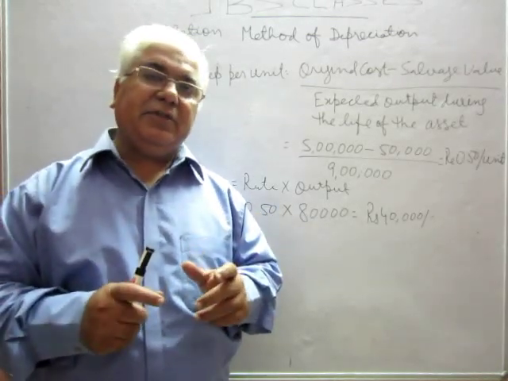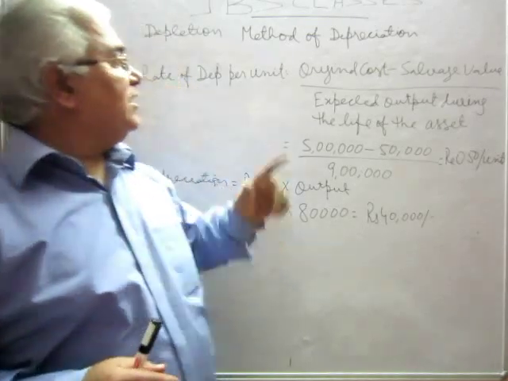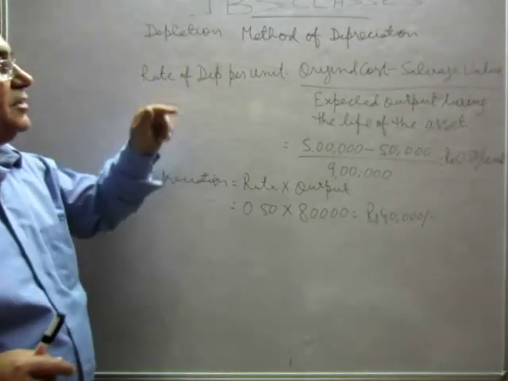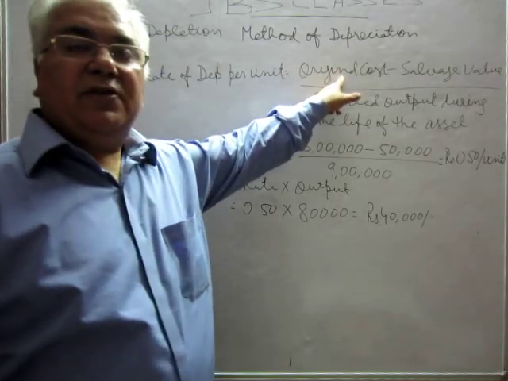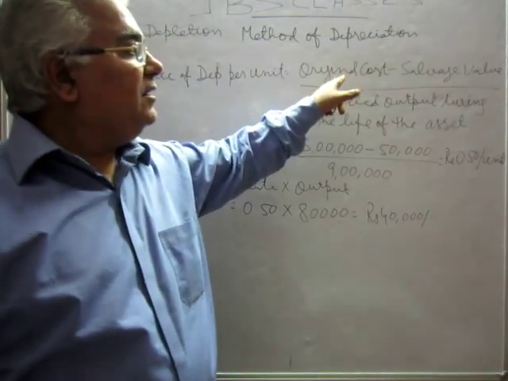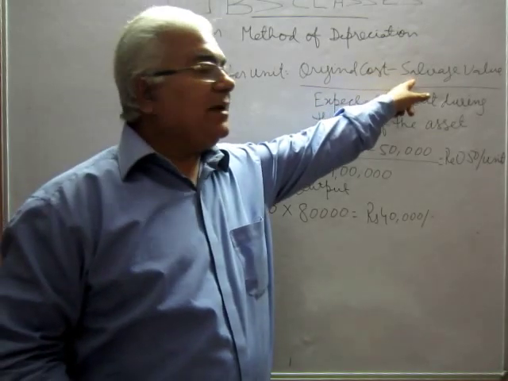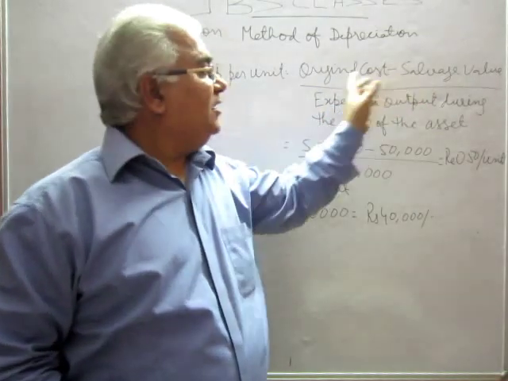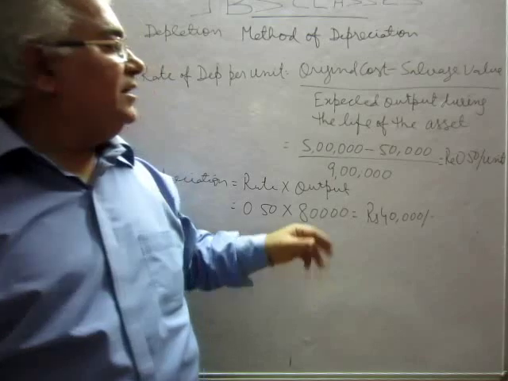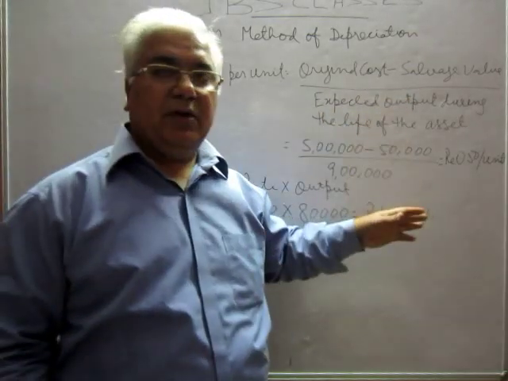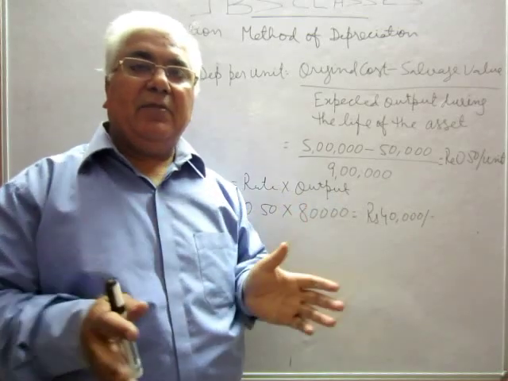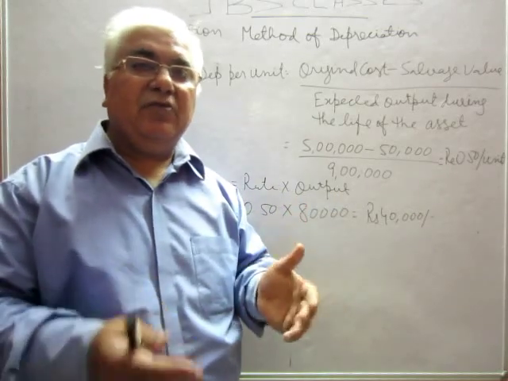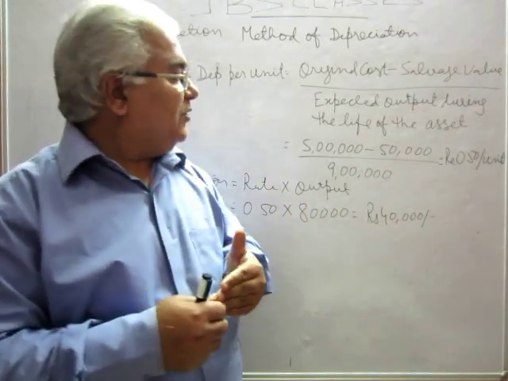So in such cases, the depreciation charge is calculated like this: the rate of depreciation per unit is the original cost of the asset which we have paid less expected salvage value, and this amount is divided by expected output. Expected output means what we can expect to take out of the asset during its lifetime.